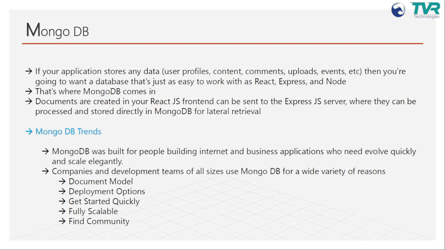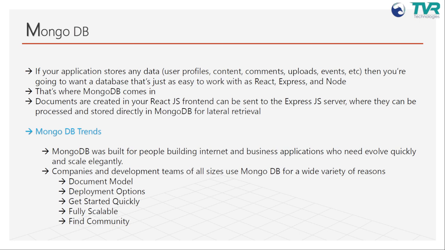MongoDB is quite popular among all the databases, and it is a NoSQL database. With MongoDB it is very easy for us to do documentation and data management, because it is a NoSQL database with a document model, and we have much flexibility in MongoDB.